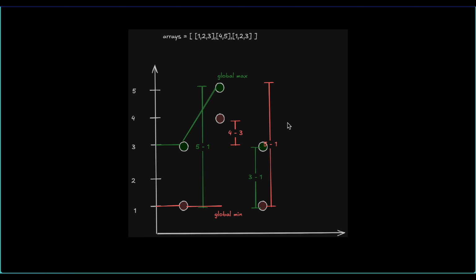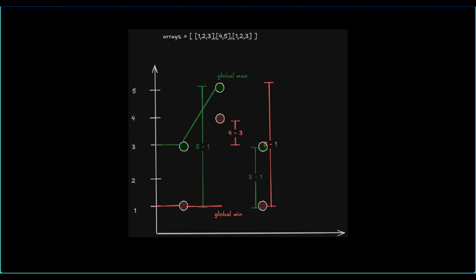So it will be 5 minus 1 equal to 4. And then we will take the maximum of either of these. So it will be 4. But we will not update the maximum distance because it was already 4. And now we have come to the end of our array. And that's why our maximum distance will be equal to 4. So this way, because we are using the current value smartly, we don't have to explicitly check for the second maximum or second minimum at all. And that's how the solution works.